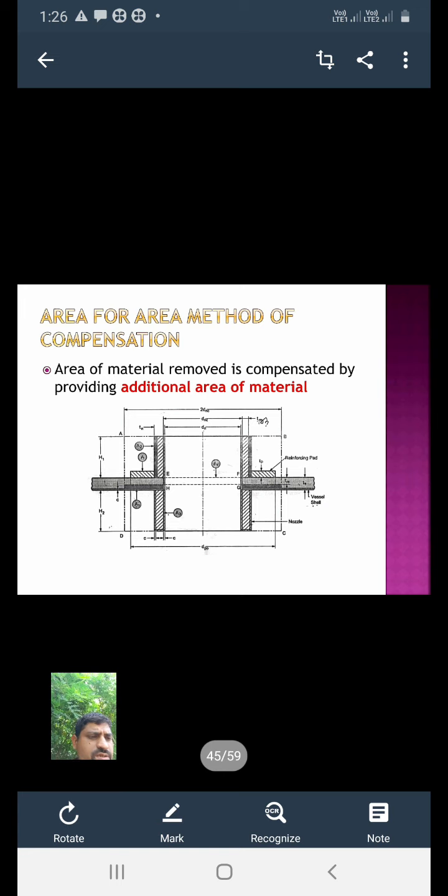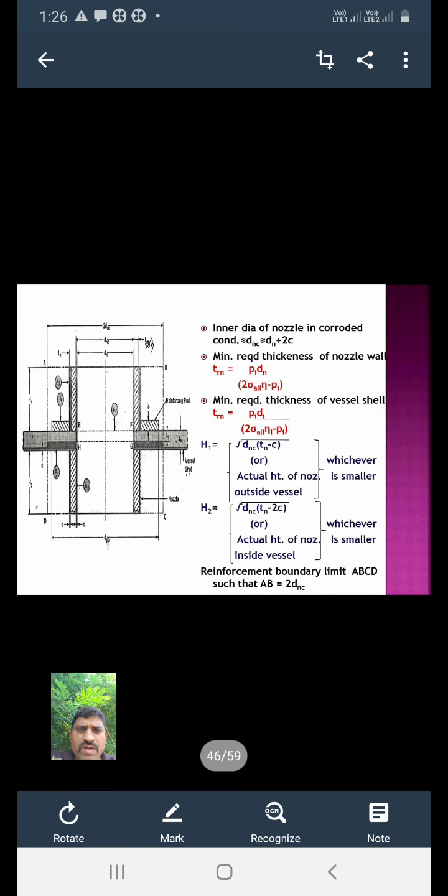Then next we'll see how to evaluate the nozzle parameters with the help of the given figure. Okay, we'll see one by one. The inner diameter of the nozzle in corroded condition is denoted by DNC.